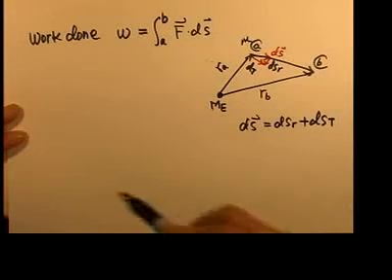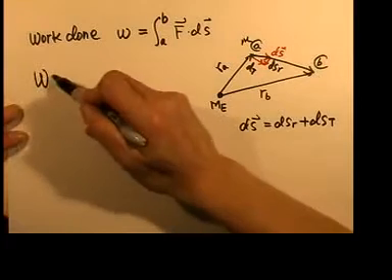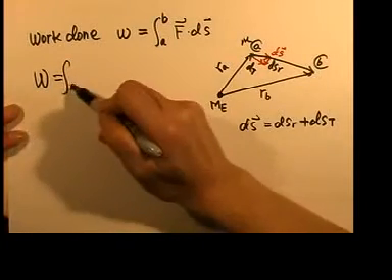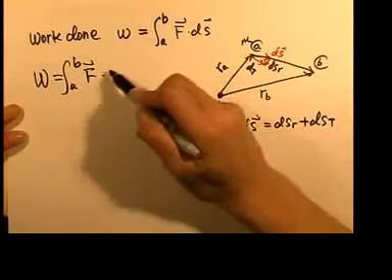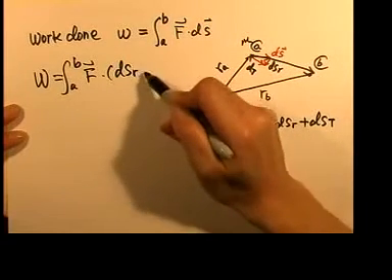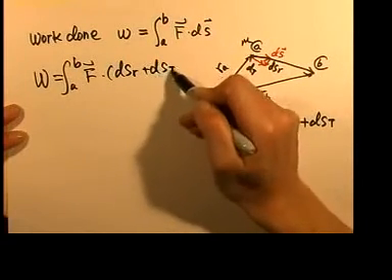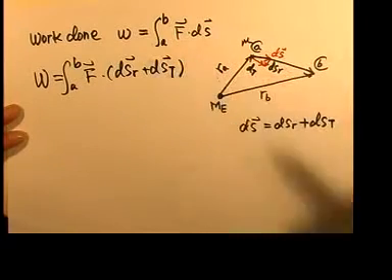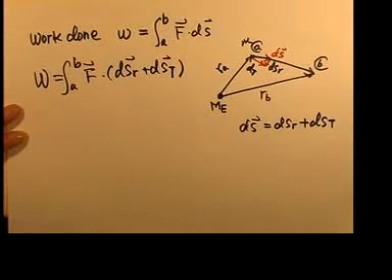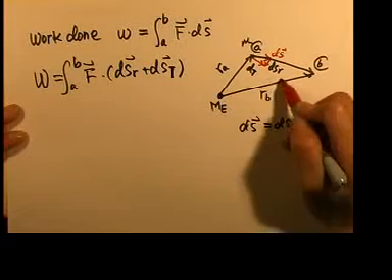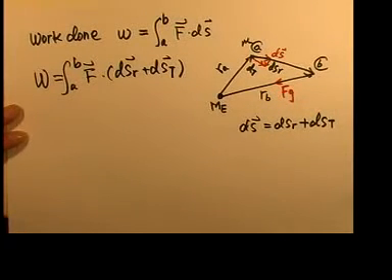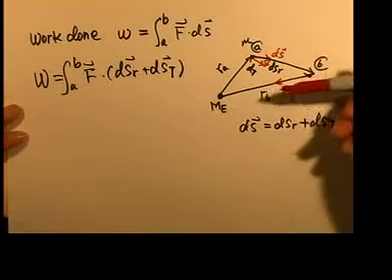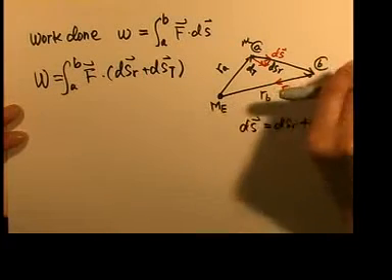So let's take a look at work done, from A to B, of F dot, and we'll replace ds by ds_r plus ds_tangential. Be careful, both are vectors. Now, in this case, the force is always center seeking because that is the gravitational attraction force, so it is in the opposite direction of the radius.